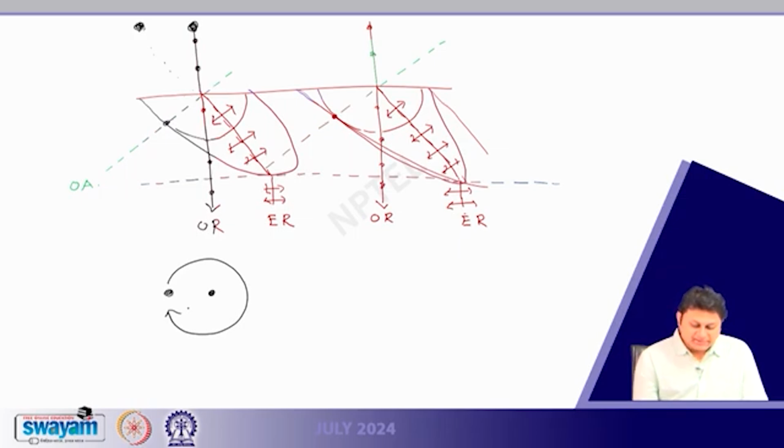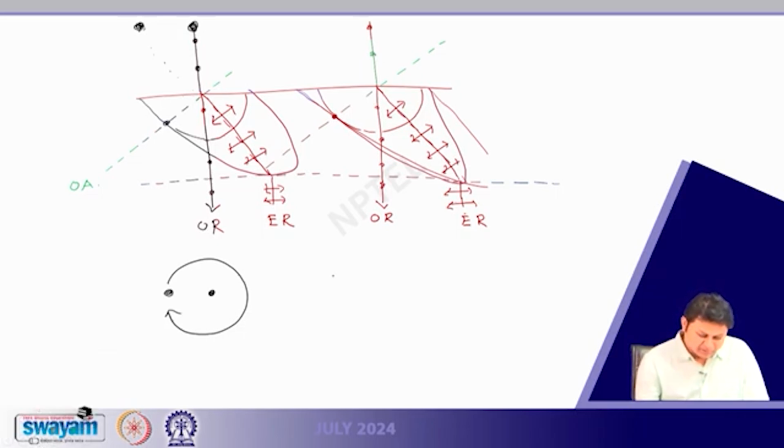So that is an interesting phenomenon, and it happens because the ordinary ray and extraordinary ray follow different paths. Why do they follow different paths? Because the optic axis is such that one component is perpendicular, so that is the ordinary ray, and another component is parallel. So these perpendicular and parallel components move with different velocities, and that is why it happens.